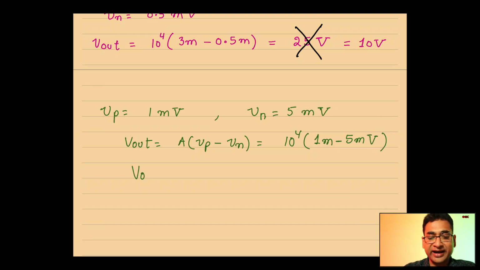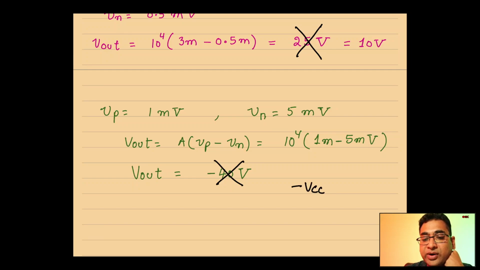So you would expect your output to be negative 40 volts. Clearly, the op-amp cannot produce this output. Why? Because the minimum power supply that we are using is negative 10 volts. So there seems to be a limit to how high or how low the op-amp can drive.